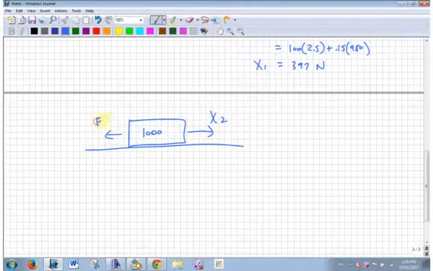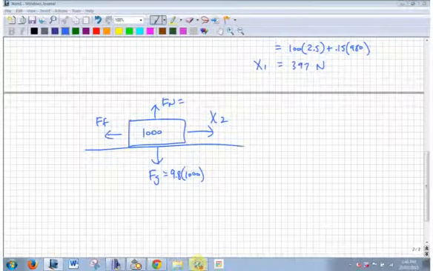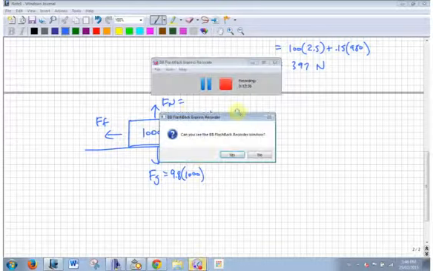I got force of friction. I got Fg is mg. And I have a normal force, which is equal to this.